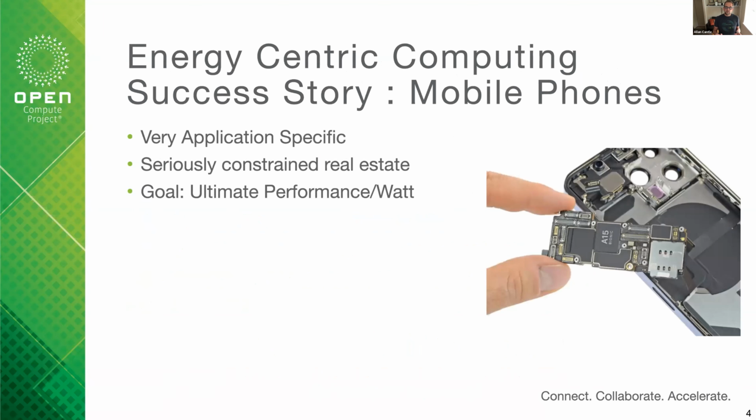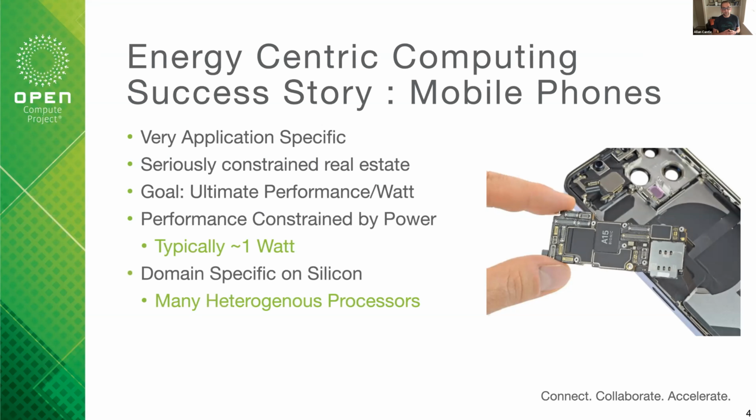A good success story is mobile phones. That's very application specific, with seriously constrained real estate, and the goal is ultimate performance per watt, so that you can fit within the very tiny 1 watt power envelope. The way they have achieved this, and we all know what Apple have done, is domain specific on silicon. That's many heterogeneous processors that are very efficient at their particular function, done very specifically for all the phone's needs.